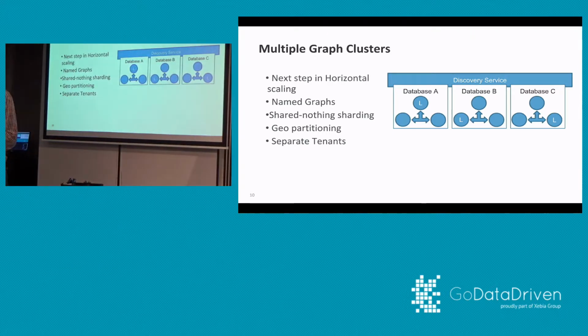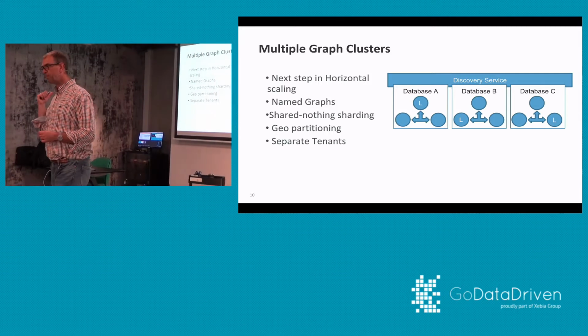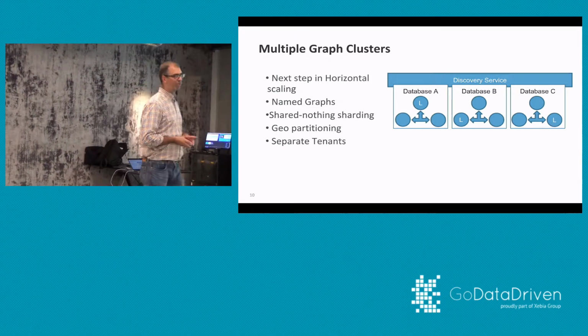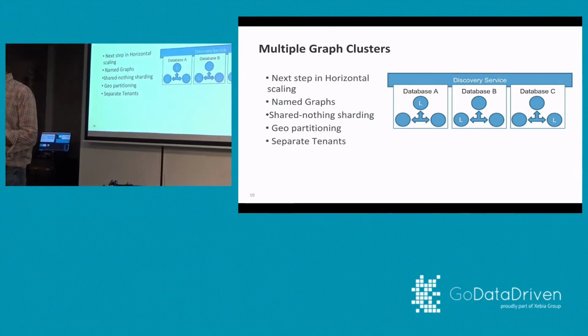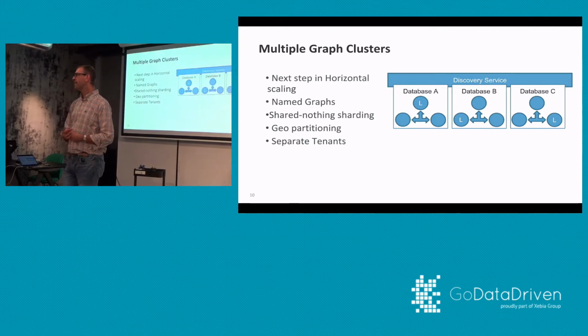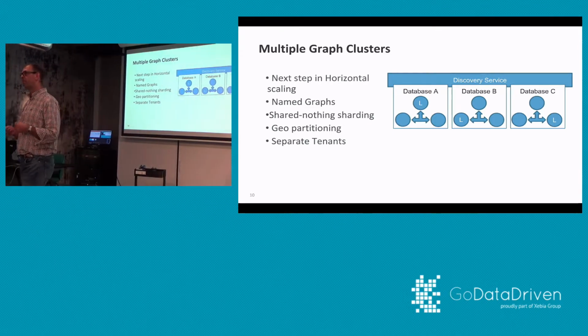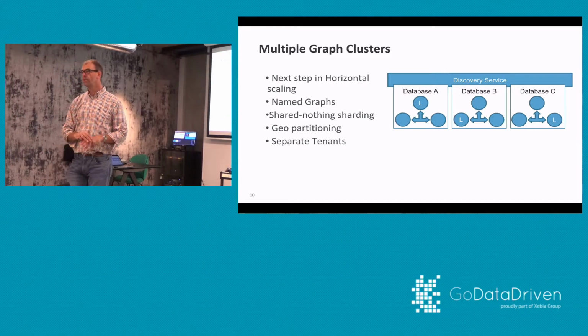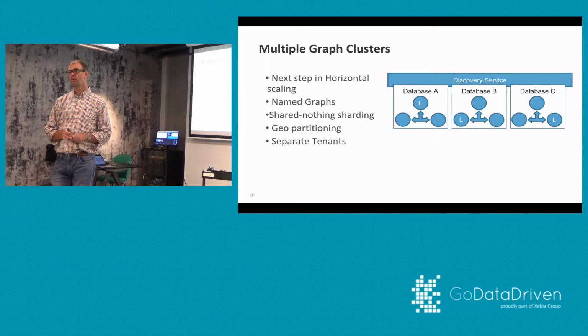So the next step after RAFT is this thing. It's what we call multi-clustering. For lack of a better word, I think you could also refer to it as multi-tenancy in a way. It's the possibility to have one system host more than one graph database, right?